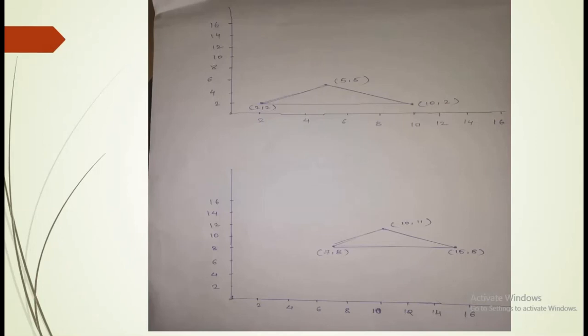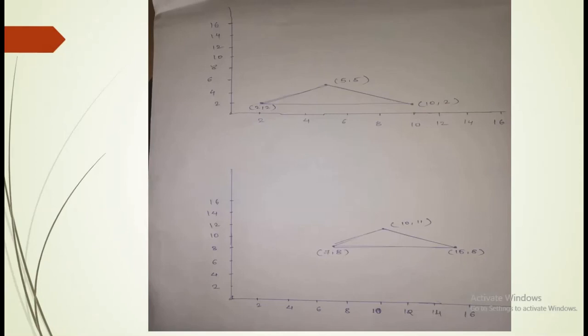So what we learned in this session is that translation means we can move the object from one position to another position with the help of our translation factor, that is the shift vector tx and ty.